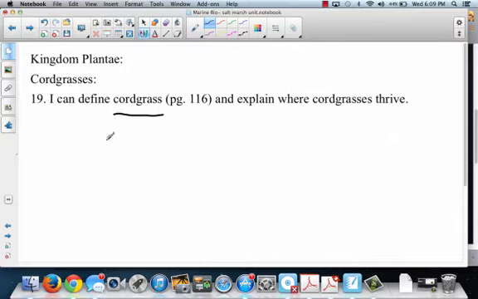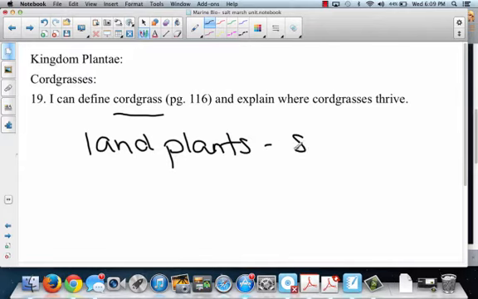But cordgrasses are really land plants that are salt tolerant. So that means they have mechanisms to be able to live in a salt environment. They have to get rid of the excess salt, or they have to be able to avoid diffusion of salt.